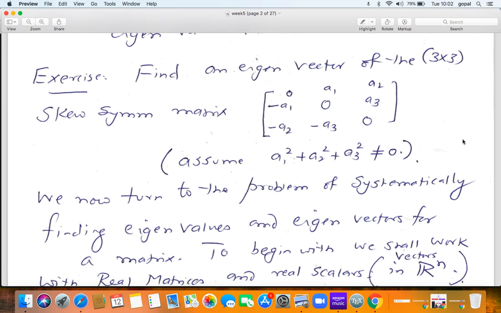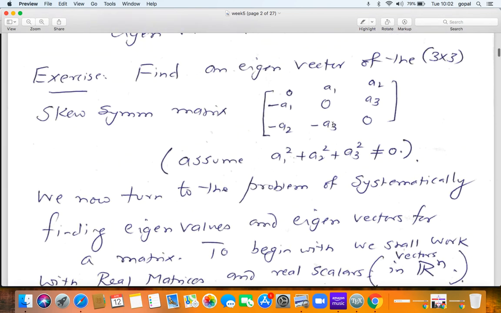You will try to find an eigenvector for this. So you could try (a3, -a2, a1), for instance. See whether that works. If that doesn't work, try to modify it appropriately. So you get an eigenvector, and I'm assuming that a1 squared plus a2 squared plus a3 squared is non-zero, just to make the problem interesting. And so that is an exercise for you.